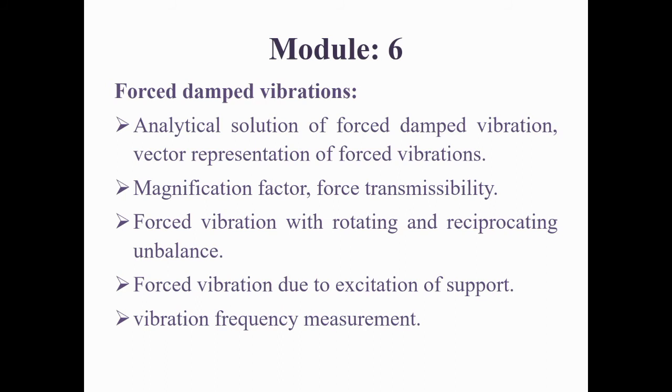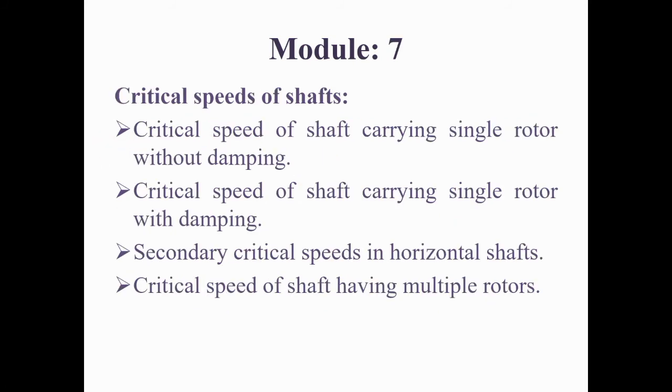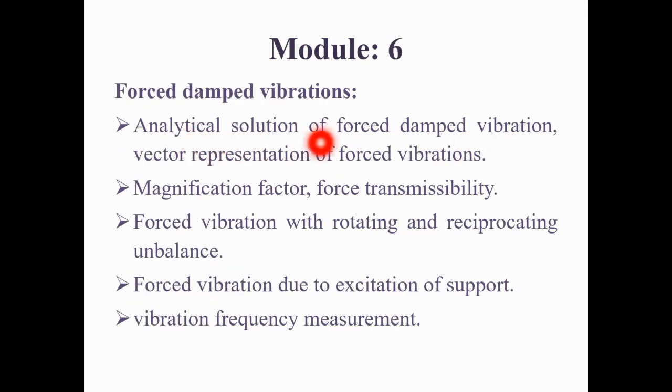In module 6, that is about forced damped vibration, we are going to analyze the spring mass and damper system, and for that we can get both complementary solution and particular solution using various methods. For particular solution we can use vector representation.